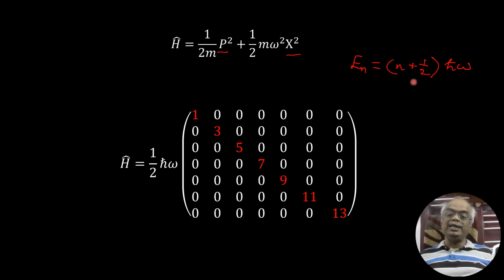So for n equal to 0, you will get half H cross omega, and for n equal to 1, you have 3 by 2 H cross omega. So this will always be an odd number over 2, because of the plus 1 over 2. If n is 2, you will get 5 by 2, and if n is 3, you will get 7 by 2. So it exactly matches the energy levels of the harmonic oscillator.